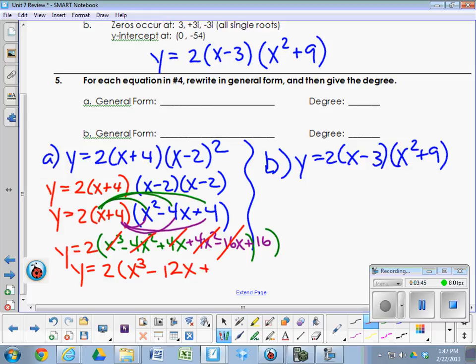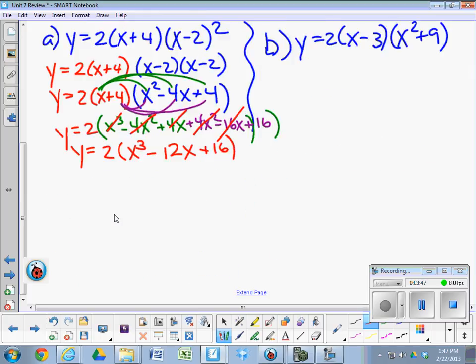And then you have the plus 16 on the end. Finally, distribute the 2 and you're done, and we'll be in general form: 2x cubed minus 24x plus 32. And that's the expansion of that polynomial, which was in factored form but is now in general form.